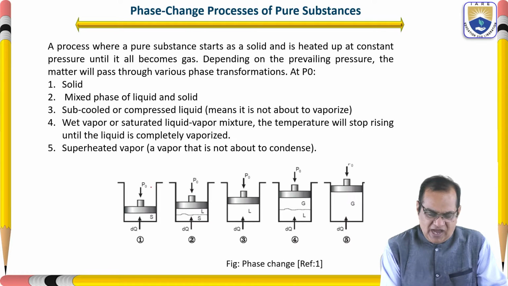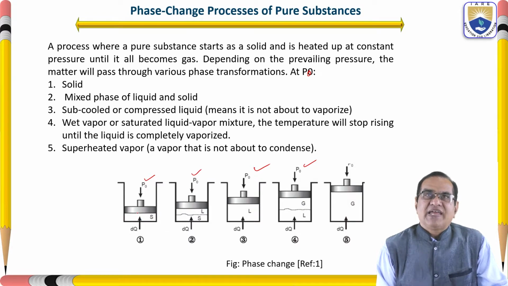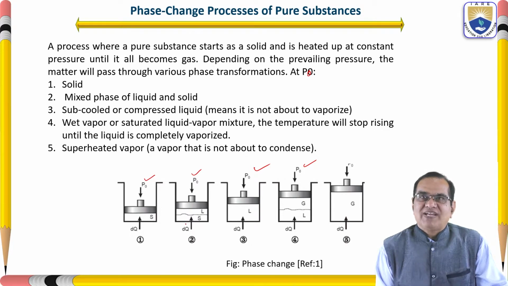So here this is the atmospheric pressure P0. This is the system, S is a system, and here we are supplying some heat energy dQ. In the solid case, it is like this. Case 1. Case 2 is mixed phase of liquid and the solid. So in this, here is the solid and here is the liquid.